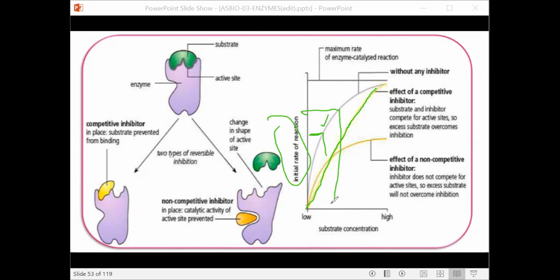If the substrate concentration is increasing, the speed is shifting. You can see the shift from the normal process to the right. Okay. And in non-competitive, substrate concentration is not having any effect as such. That is what it says.